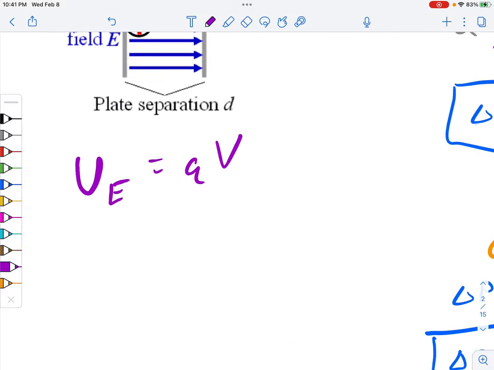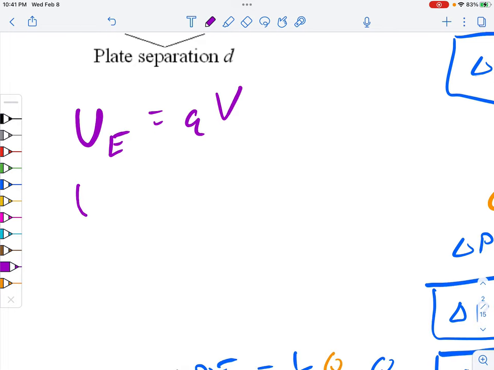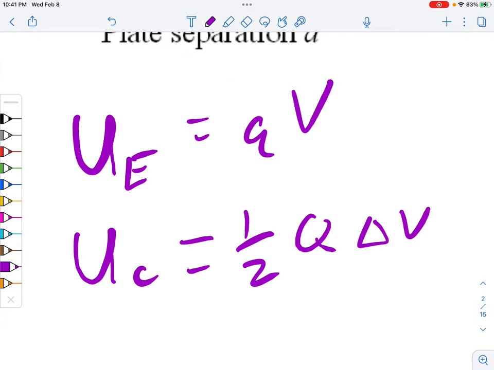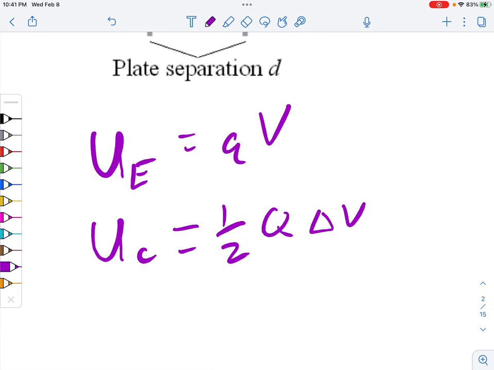That's not for a capacitor. What about for a capacitor? The energy stored in a capacitor, and these are not V's, these are U's. Sometimes the script doesn't have that little piece there. This is what's on the equation sheet: Q times delta V. So energy in an electric field comes from change in voltage times charge, and then there's energy stored in a capacitor.